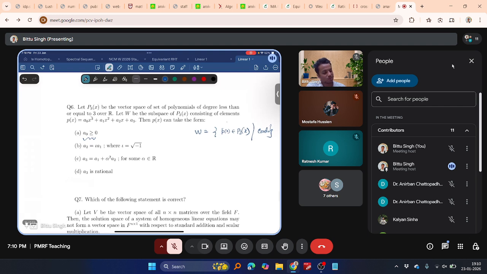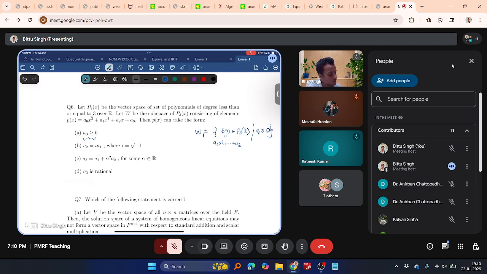If we take the first condition, we consider a0 x cubed plus up to a3, such that the first condition says a0 is greater than or equal to 0. Will it be a vector space? What will be the problem?